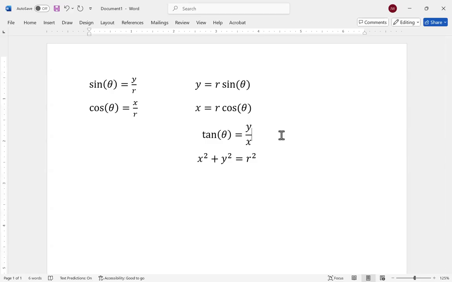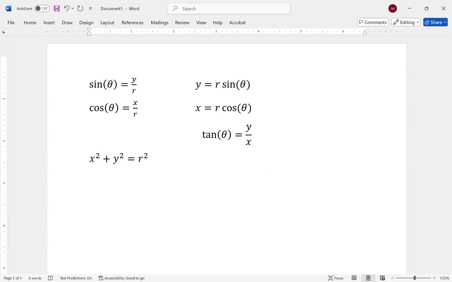There's a little bit of a problem with that. So usually when we deal with this equation, we deal with it exactly in that form. We usually say tangent theta is equal to y over x. And we'll use that later and you'll see why we do that.